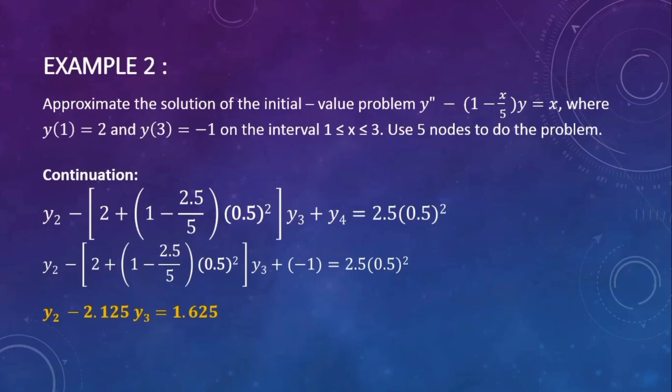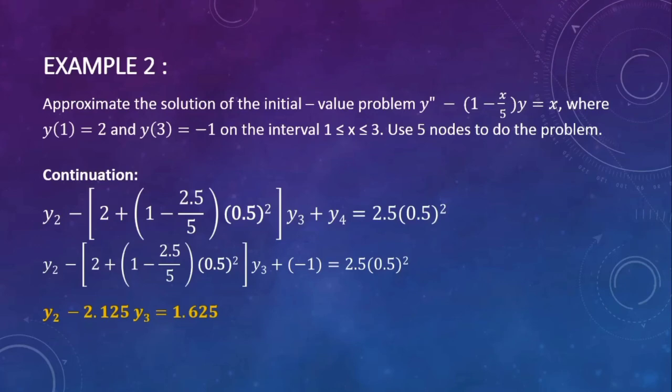so we have to take note na ang value sa y sub 4 is equals to negative 1. So we have y sub 2 minus 2 plus 1 minus 2.5 over 5 times 0.5 squared times y sub 3 plus negative 1 equals to 2.5 times 0.5 squared.